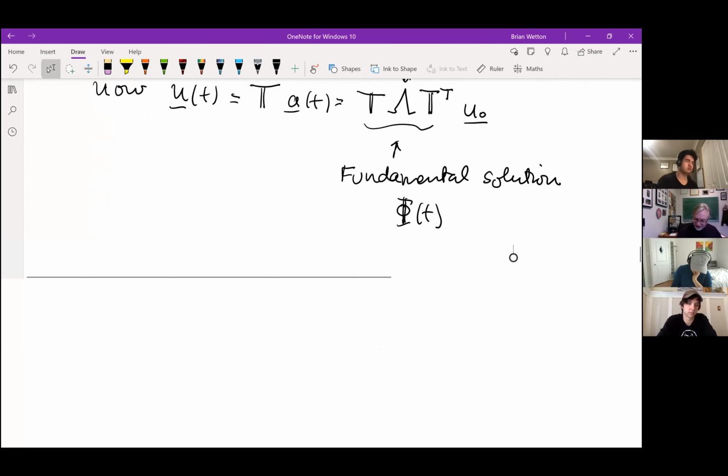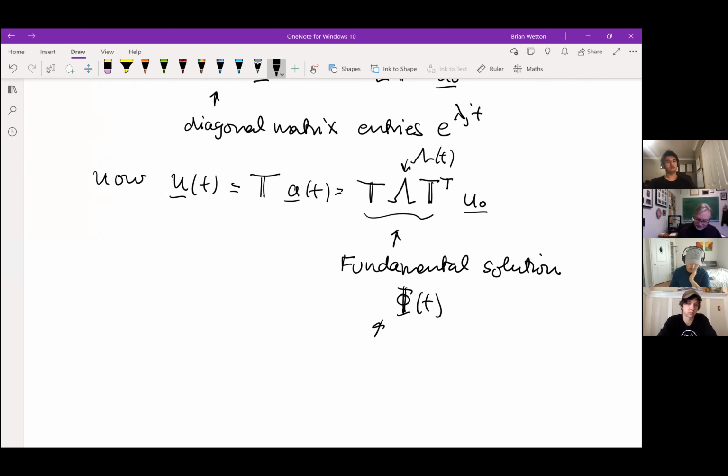And in this case, we can label this as e to the A t. If you look at the power series for the exponential and you put in matrices, you get exactly the same thing as that, and it has all the properties of an exponential. Okay.